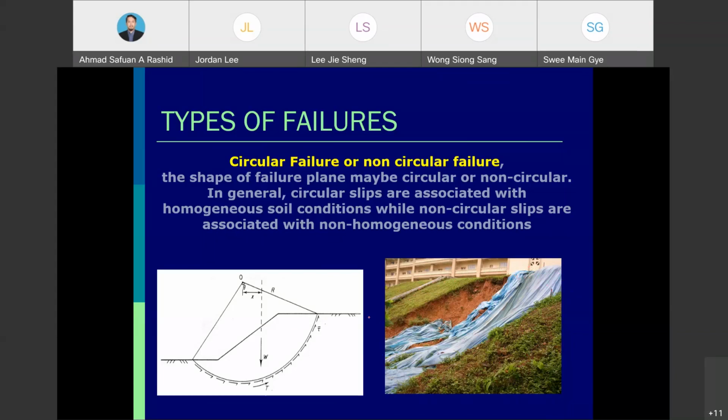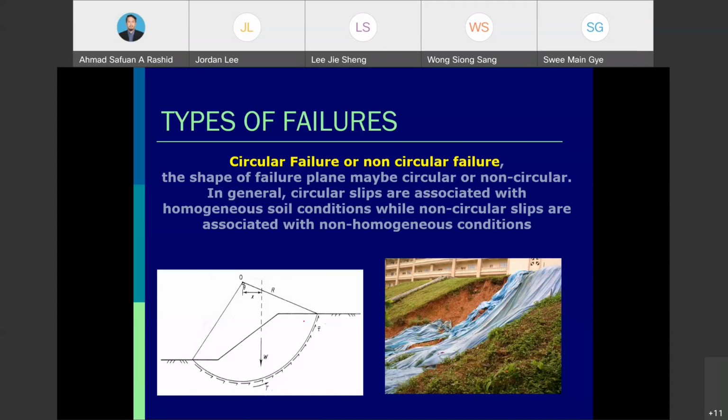So it's not a good practice. UTM has sacrificed our slope to show that this is not a proper practice, and it's not a good maintenance or remediation way.